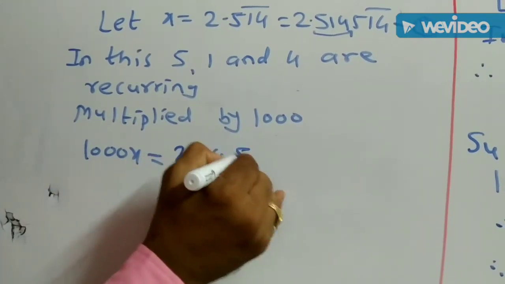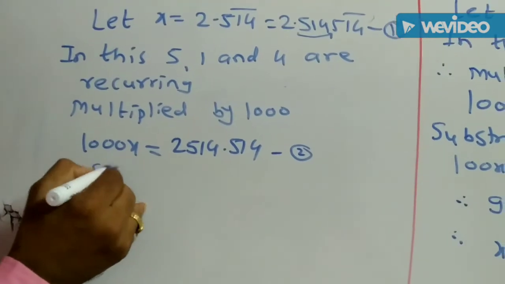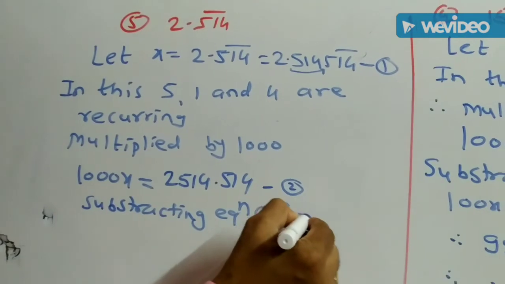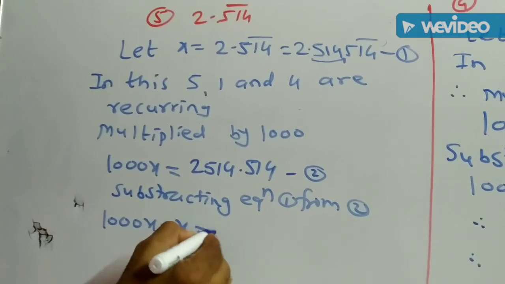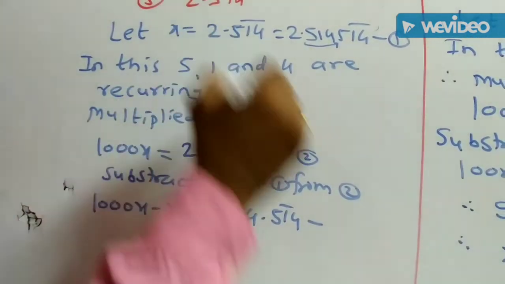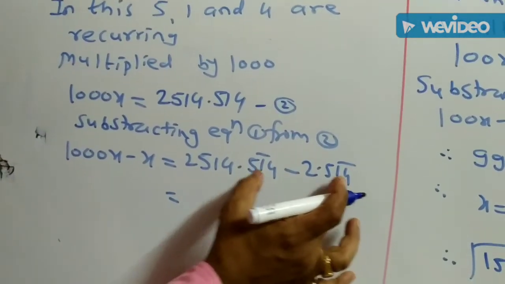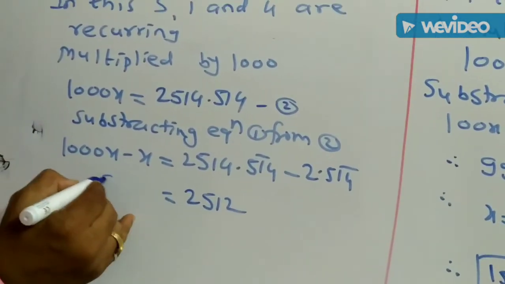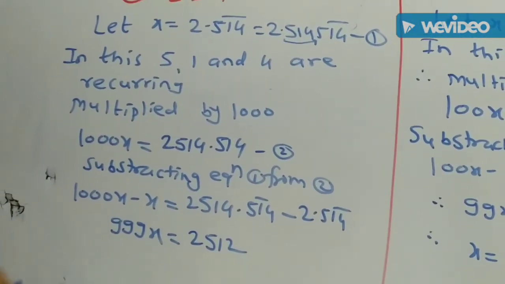That means we get 2514.514 bar, equation number 2. Again same procedure, subtracting equation 1 from 2. 1000x minus x is equal to 2514.514 bar minus 2.514 bar. 514 gets 0, 2514 minus 2, we get 2512, and the subtraction of this is 999x, 999x is equal to 2512.